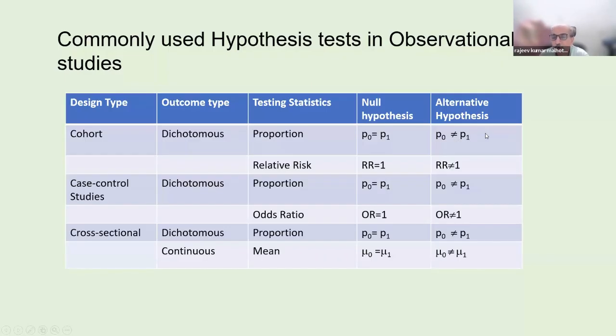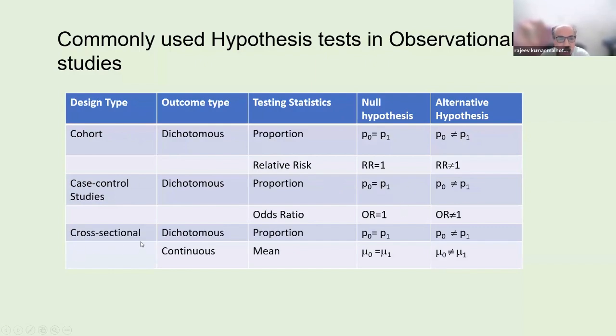If you have one-sided, this is the two-sided. Similarly, in a cohort study, we can test for the relative risk. Relative risk is equal to 1. Relative risk is not equal to 1. In a case control study, if you have dichotomous outcome, then we compare proportions, and then the odds ratio is 1. This is all according to the study design, but the formula is almost similar.